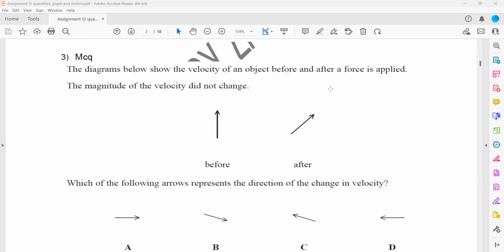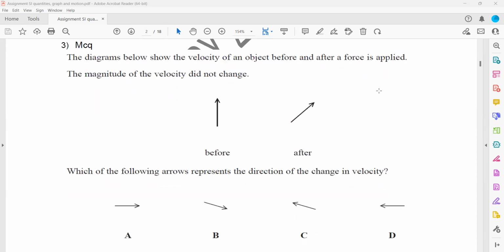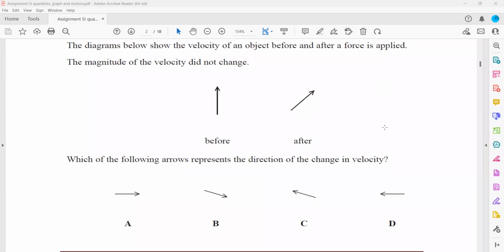The diagram below shows the velocity of an object before and after a force is applied. The magnitude of the velocity did not change. Which of the following represents the change in the velocity? So we have to do a vector addition. How to work out the change in velocity? Change in velocity is final minus initial. Like this one is initial velocity, say u, this one is final velocity v.